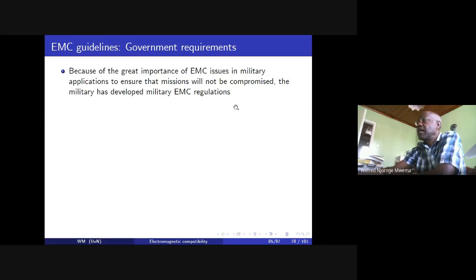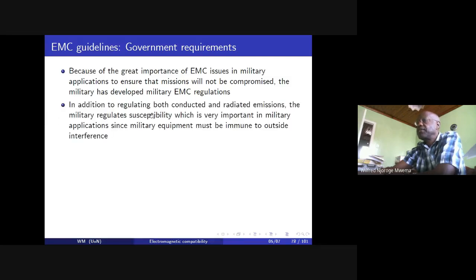So in addition to regulating both the conducted and radiated emissions, the military also requires that the susceptibility, which is very important, must also be regulated.